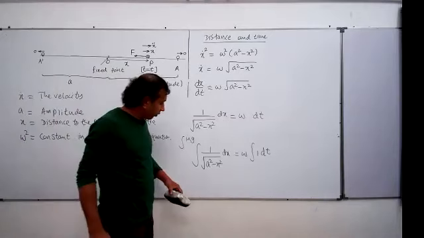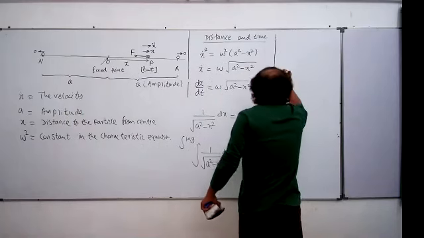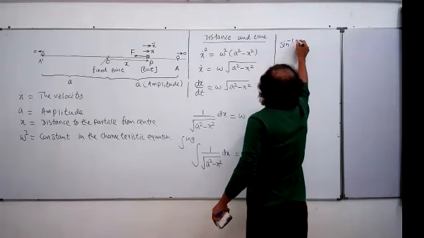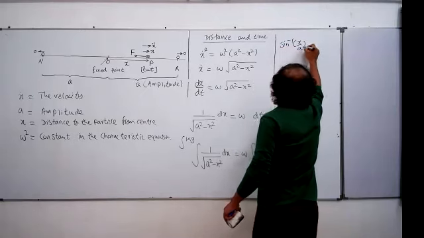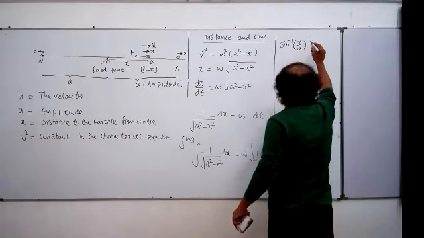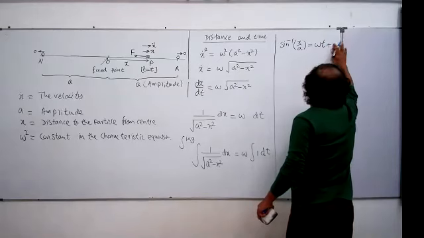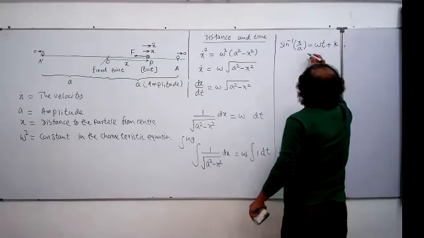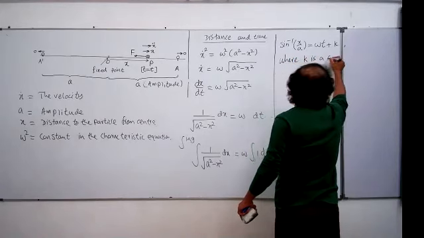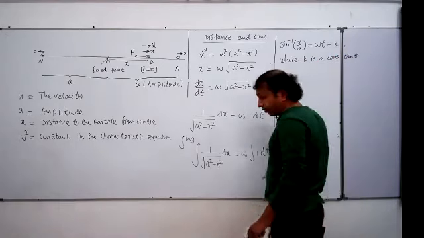This is sine inverse x upon A equals omega t plus k, people. I take the constant as k, where k is a constant.